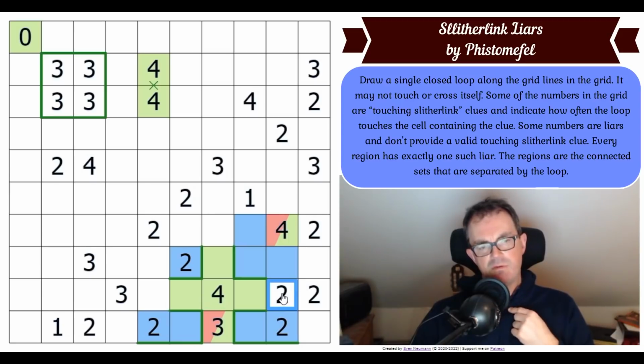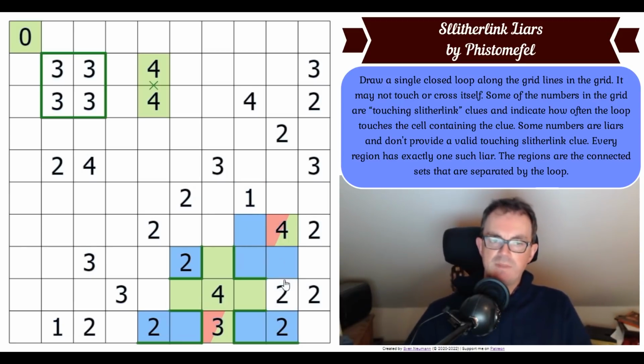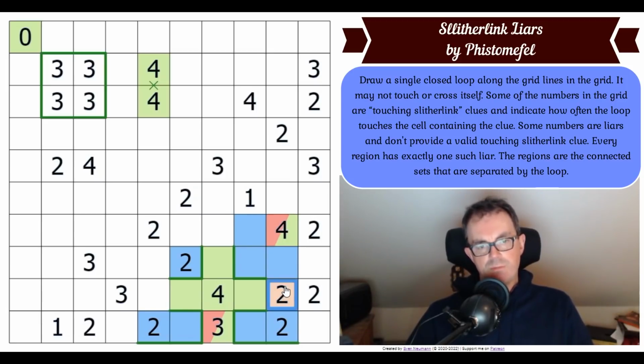If that's green, that's true, that clue. That's an interesting one. I haven't got a colour for that. That is a true clue. And the reason it's true is if it's blue, it's axiomatically true because it's not in that 2 by 2. And if it's green, it's in the same region as this where there's already a lie. So it would still be true. So this 2 clue needs to be correct somehow, some way.